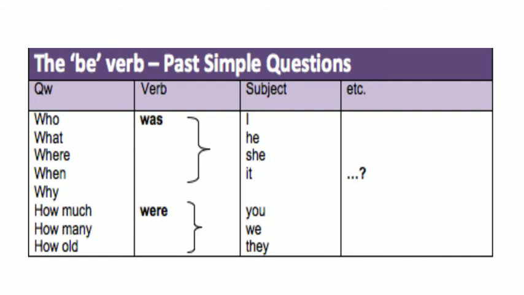The first word in the question is the question word. Then the verb to be follows. The subject comes next. Question word plus was or were plus subject.